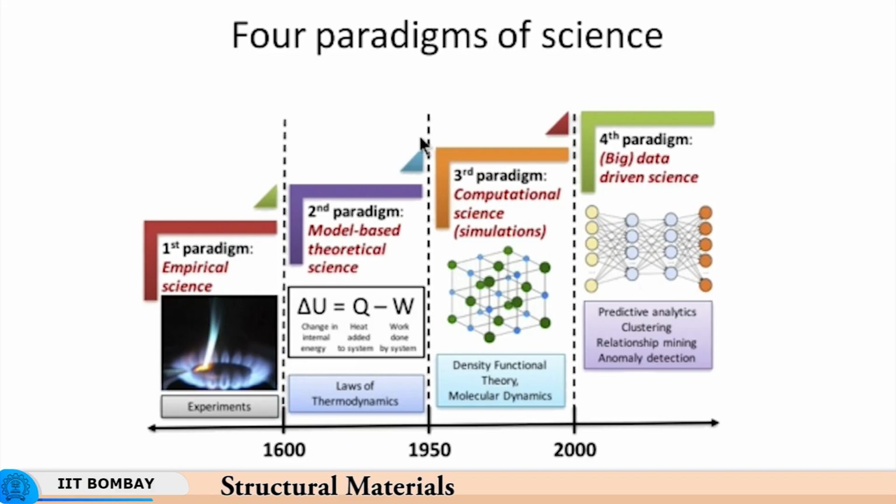Then you can go to model based theoretical science, where you can extend the principles to the realm of unknown materials, for example, and then you can extend this further to using computational science or simulations to check whether, let us say, the crazy lattice which I was talking to you about would be feasible or not, or how it will behave based on such simulations.